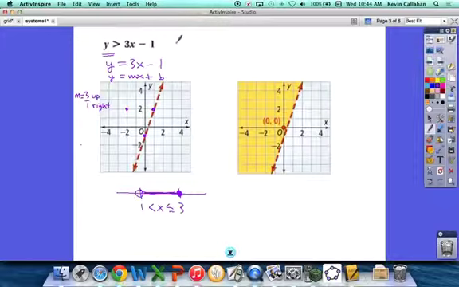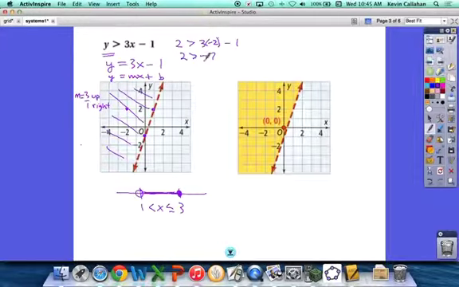In this case, it would be 2 is greater than 3 times -2 minus 1. So 2 is greater than -7. If that's a true statement, then you want to shade the side of the line that includes that point. Shade it all there.